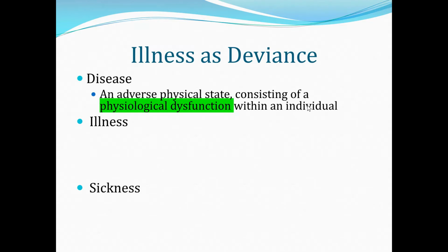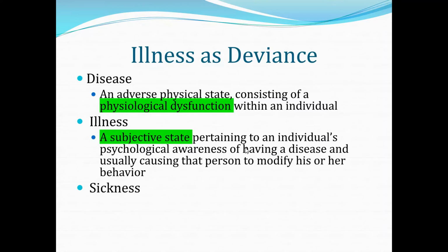Disease is an adverse physical state consisting of a physiological or sometimes biomedical dysfunction within an individual. And that dysfunction can usually be detected with modern medical devices, and can be diagnosed definitively a lot of times.